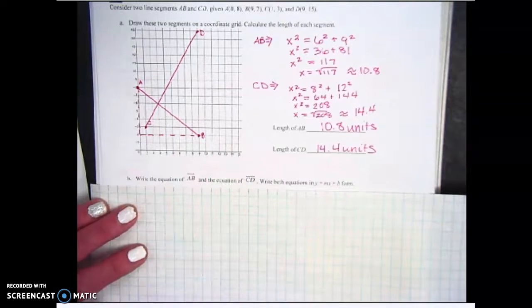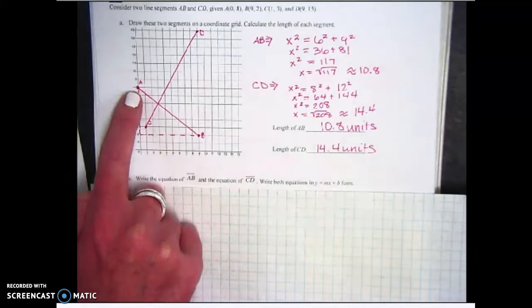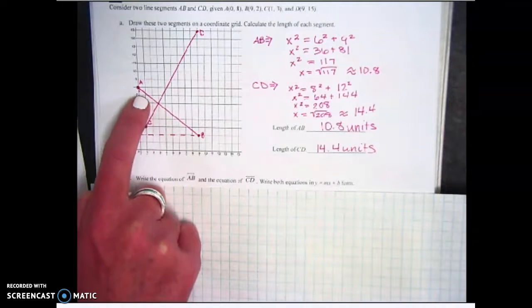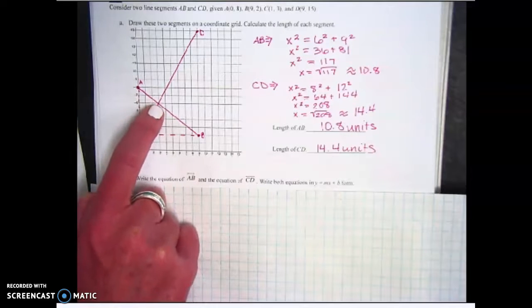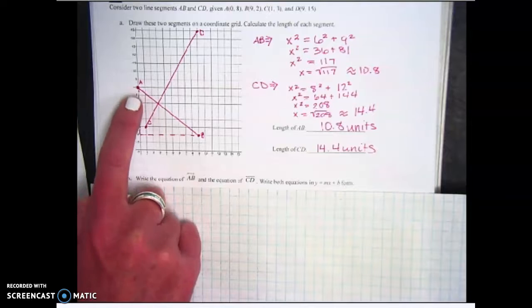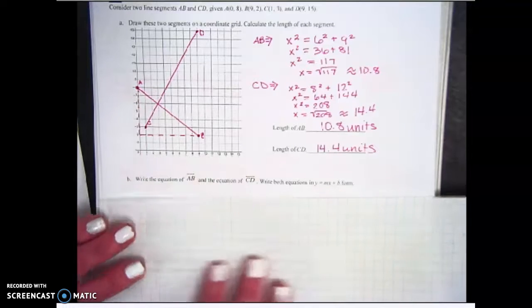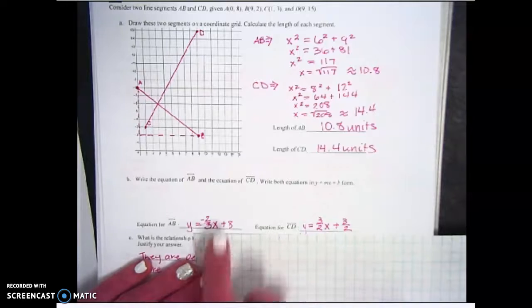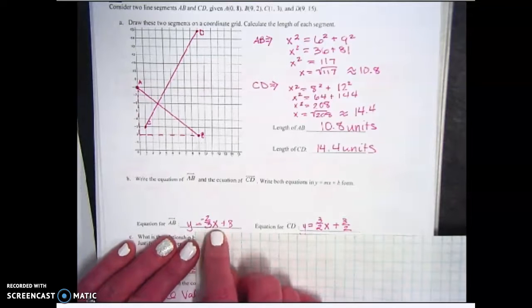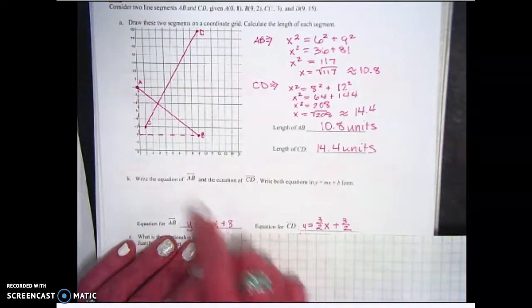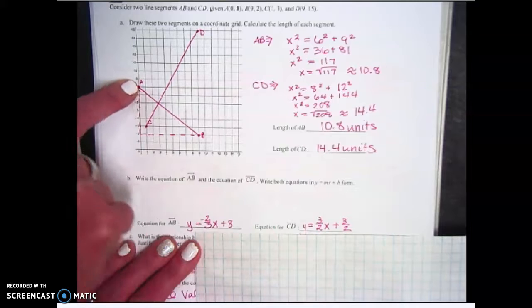So is it going to have a positive or a negative slope? Negative. And so we want to look and see where it's crossing at a corner. It's not crossing a corner there or there, but it definitely is right there. So from here, you're going to go down 1, 2, over 1, 2, 3. So that one should be y equals negative 2/3 x, and it crosses the y-axis at positive 8.